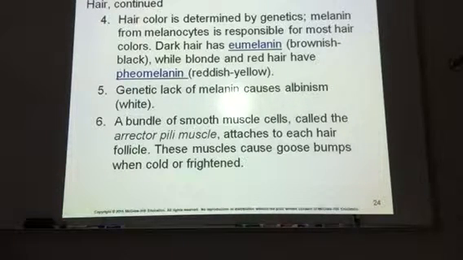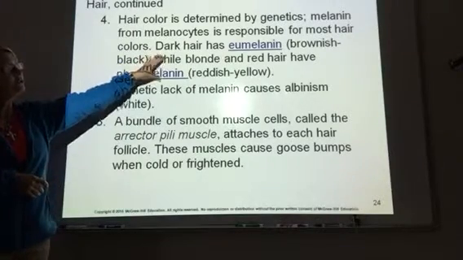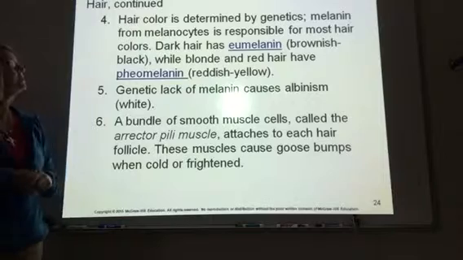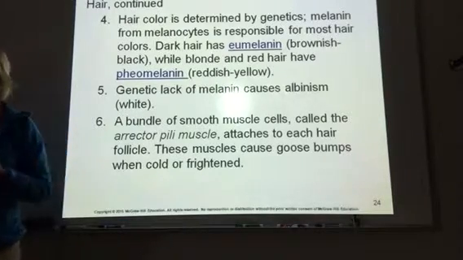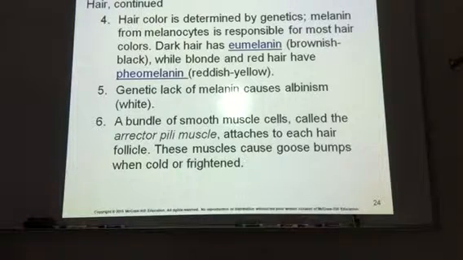Hair color, genetics, we've talked about this. Melanin is responsible for hair color. A couple of new terms that deal with melanin. Dark hair, so if you have brown to black hair, you are going to have eumelanin, and that's the type of melanin that gives that color.